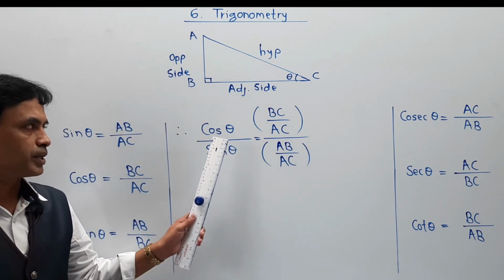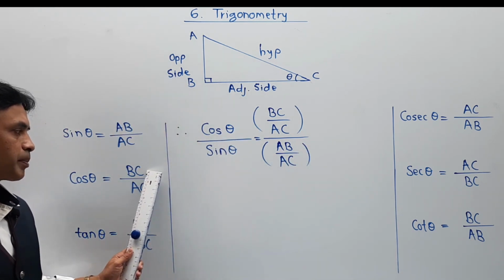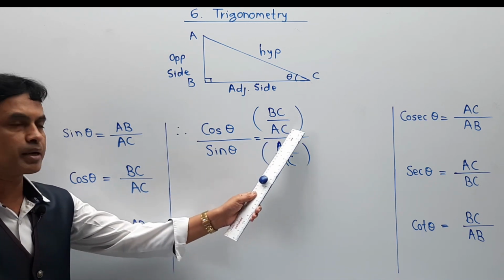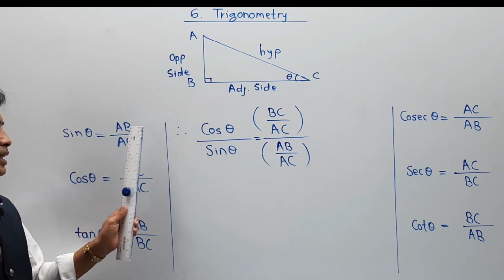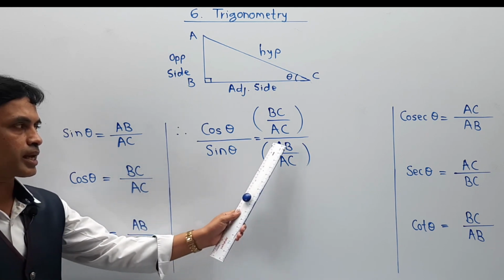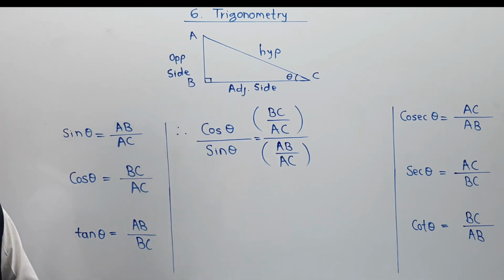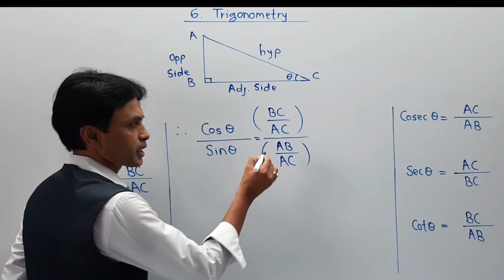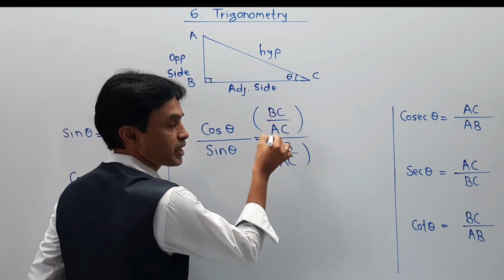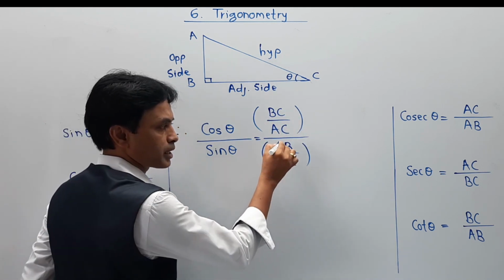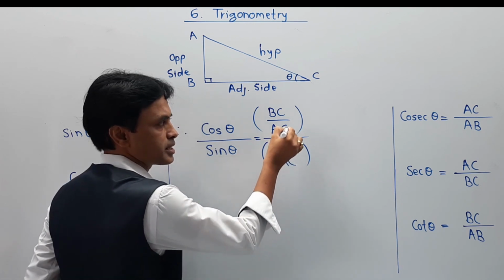Now observe it carefully. We have written cos theta, that is nothing but BC upon AC, and sin theta, that is AB upon AC. Again, in the numerator we have BC upon AC, where AC is a base, and in the denominator AB upon AC, where the base is AC.